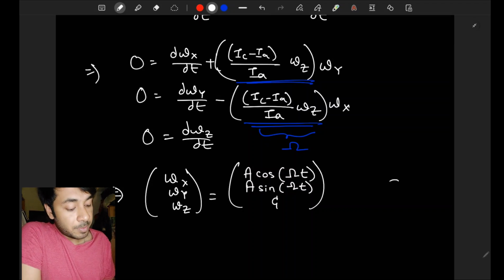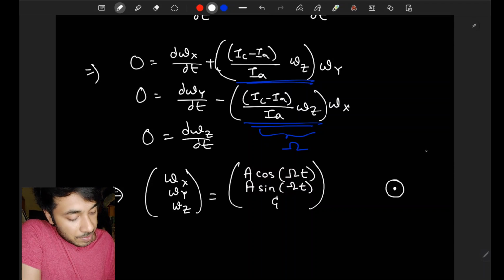So what basically happens is that if you look at the top from the top, we have this is the x, this is the y, and you have the z coming out. Then in that case, we have a movement.